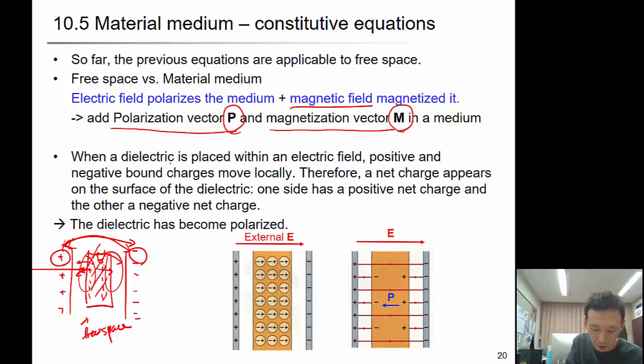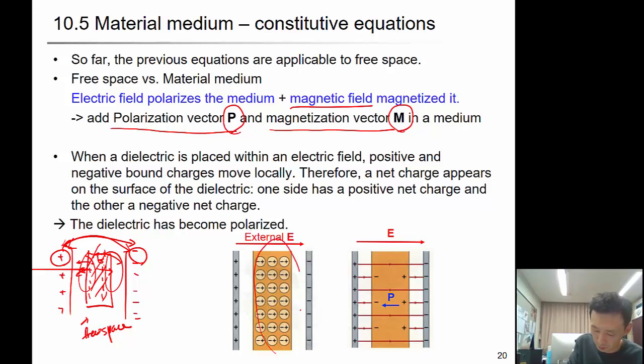When a dielectric material is placed within an electric field, positive and negative bound charges move locally. Therefore, a net charge appears on the surface of the dielectric. One side has a positive net charge and the other side a negative net charge. Then this dielectric material has become polarized.